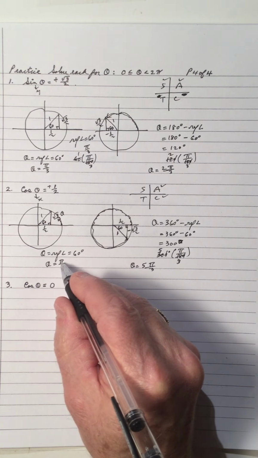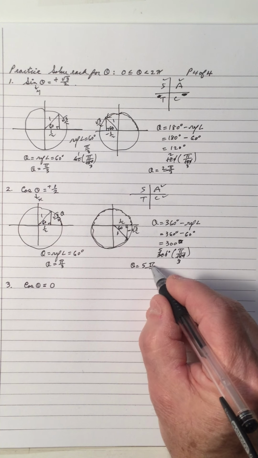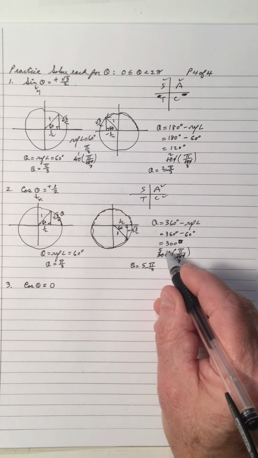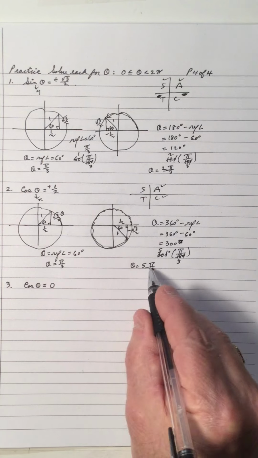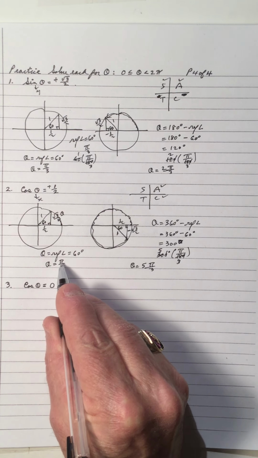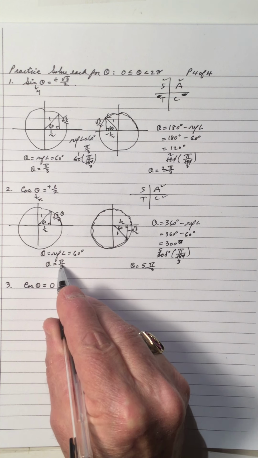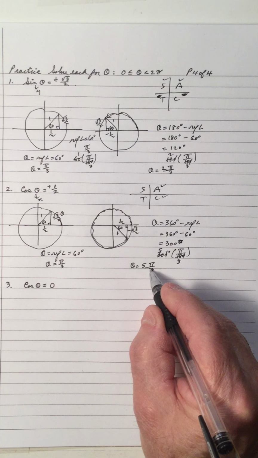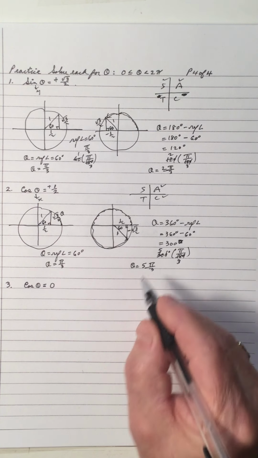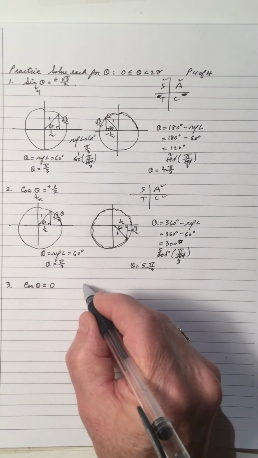Pi over 3 is a 60. 180 divided by 3 is 60. Pi over 3 is a 60, so this is 5 60s, which is 300. So there's the two answers. Again, remember, denominator is 3, so the reference angle is always pi divided by whatever the denominator is. So pi over 3 is a 60 reference, 5 times that.